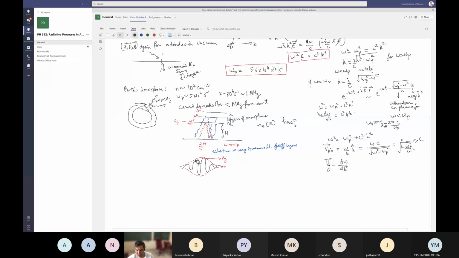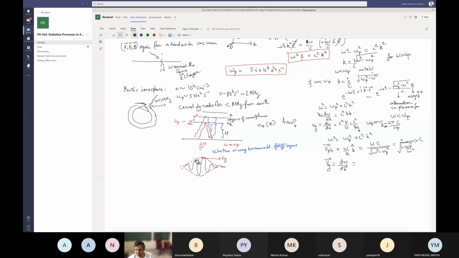So you get d omega dk is equal to c squared k by omega, and that's nothing but c squared by v phase, right? Omega by k is v phase, so this is equal to vg.